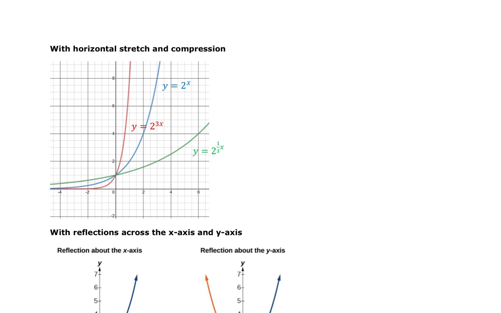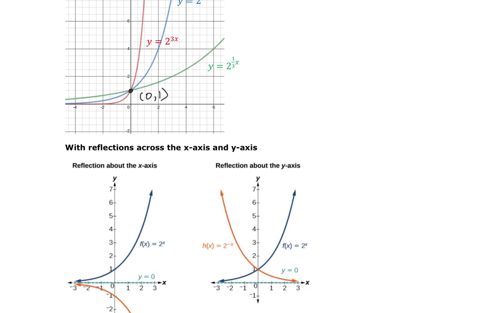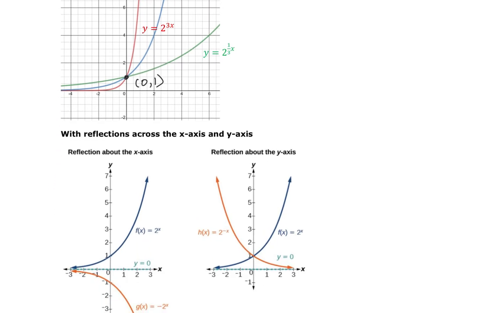But since we are multiplying or dividing each of the x values by that value out front, they're all going to go through the 0, 1 unless I have a vertical shrink or stretch or a horizontal translation or a vertical translation for that matter.